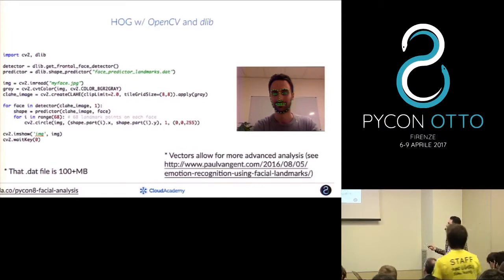Well, this is how that file was built, and it's a lot of data. It's like 100 megabytes of stuff, but still, it allows you to do very powerful real-time analysis. So this is done with OpenCV, Open Computer Vision, and dlib.